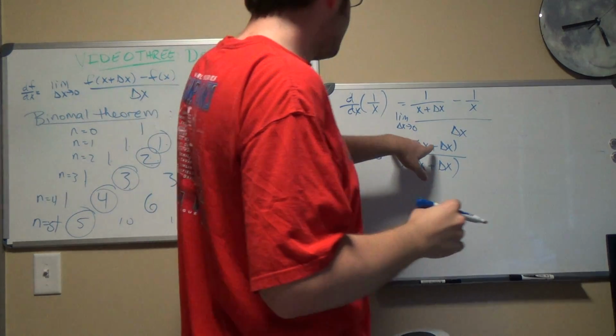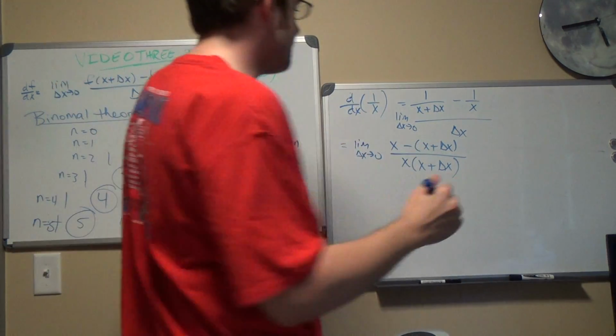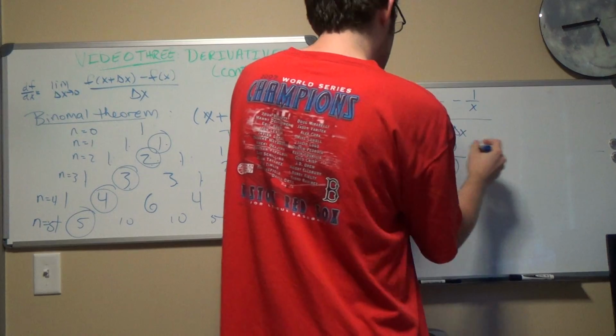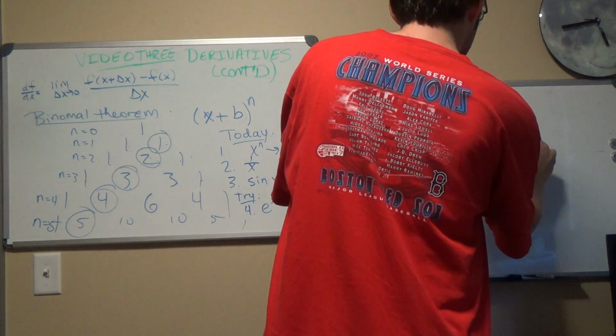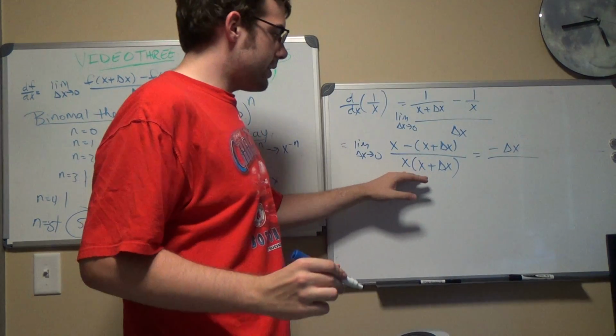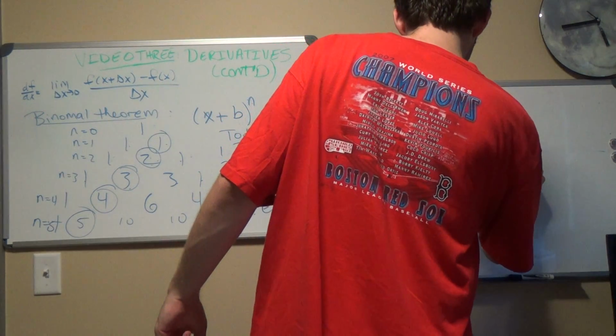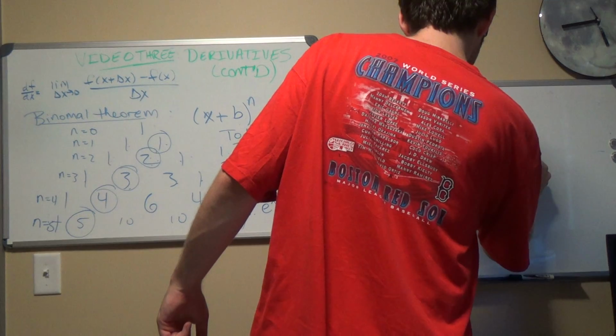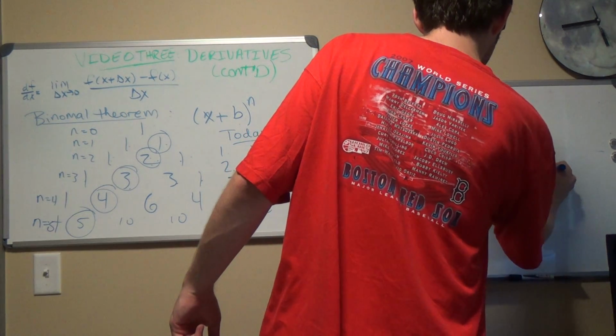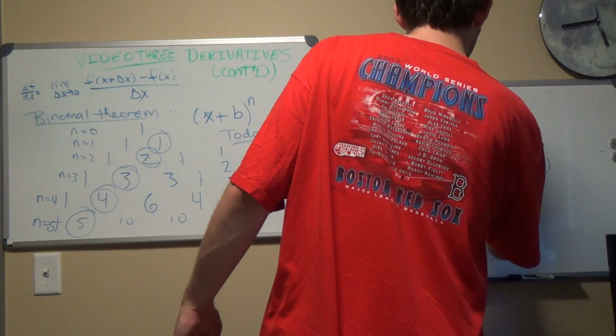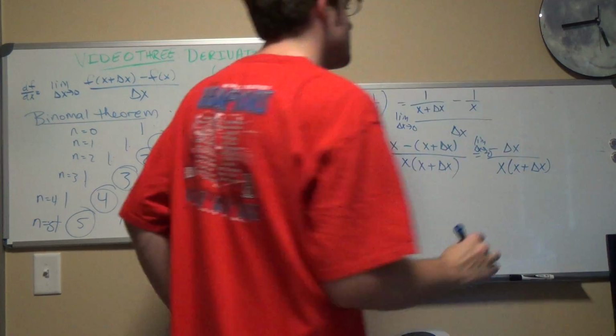Okay, so we can get rid of this, and we end up with negative delta x divided by what's on the bottom, x times x plus delta x, and we have the limit as delta x approaches 0.